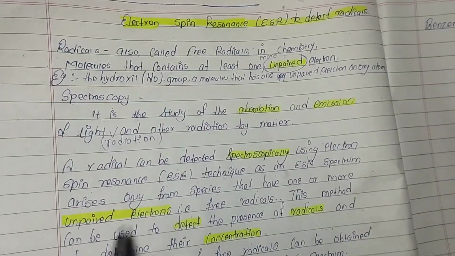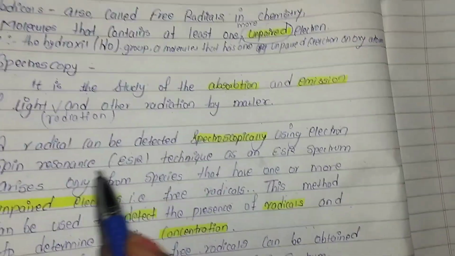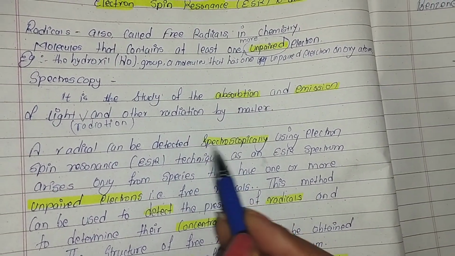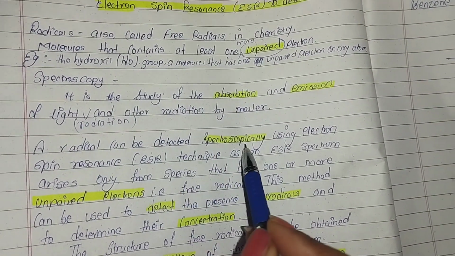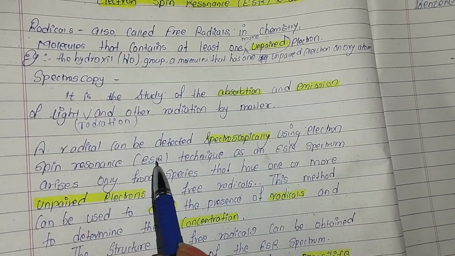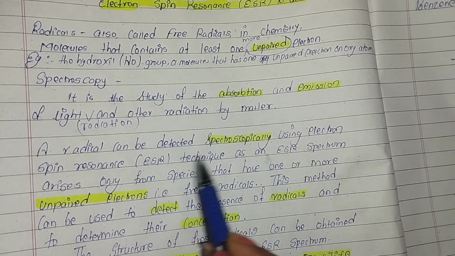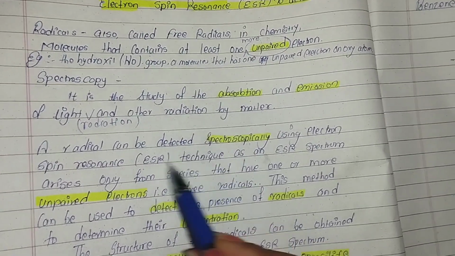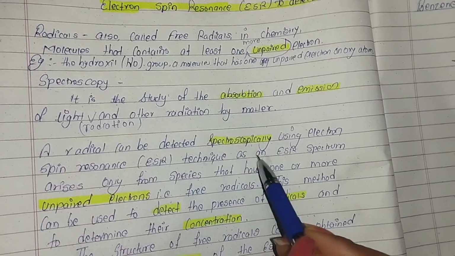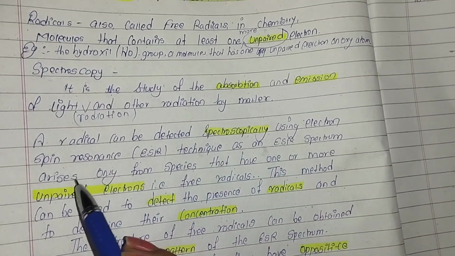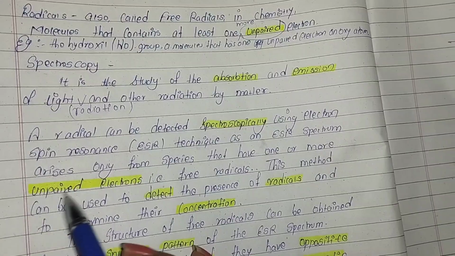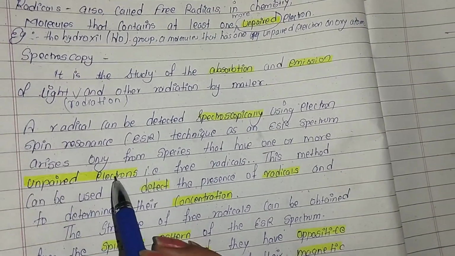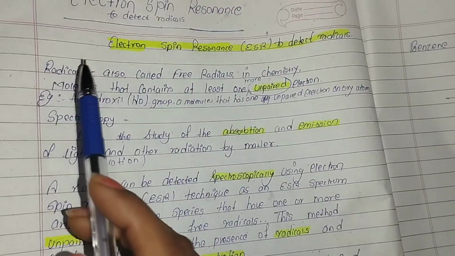Now let's see how electron spin resonance detects the radicals. Radicals can be detected by spectroscopy, which I already explained, using the electron spin resonance technique, short form ESR. An ESR spectrum arises only from species that have one or more unpaired electrons, not paired ones, that is, free radicals.